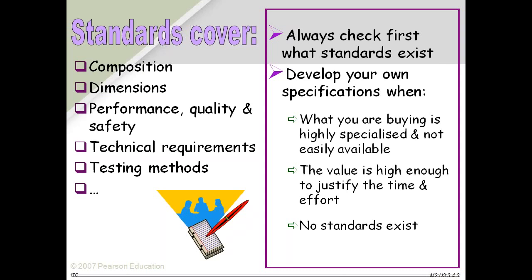The tolerance has to be spelled out. Even if I am buying paper, the paper thickness may vary. So the technical requirements are a must, as are testing methods. I don't want to reject somebody's product because I am following my own technical testing methods. The testing method also has to be universal.